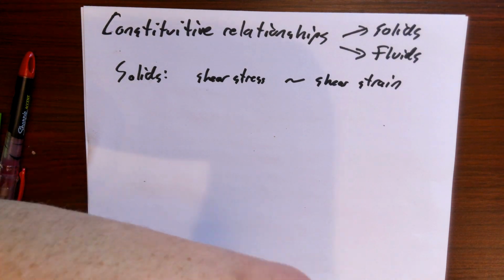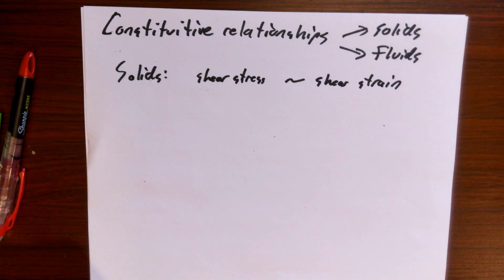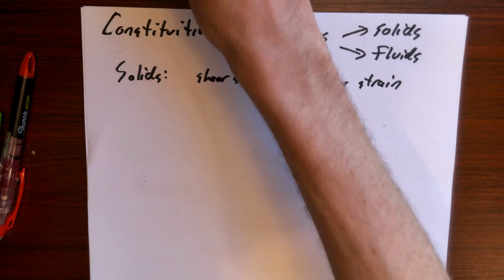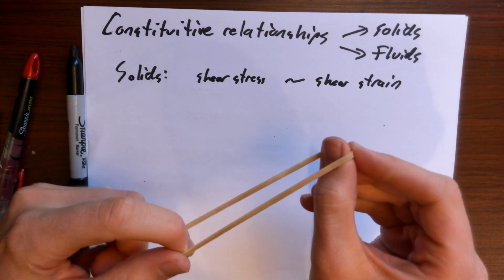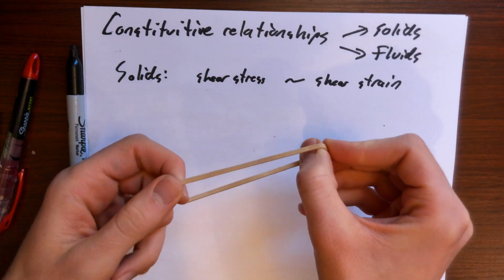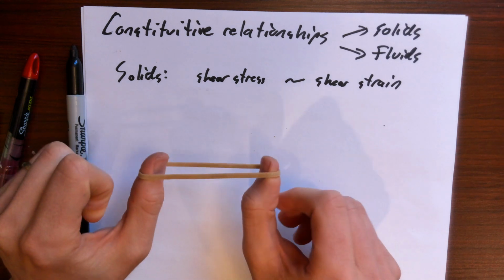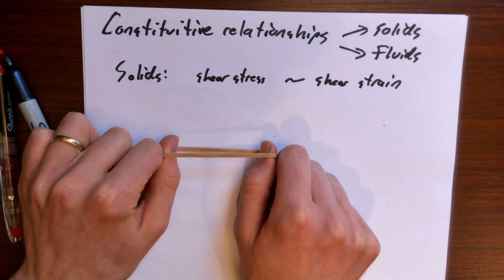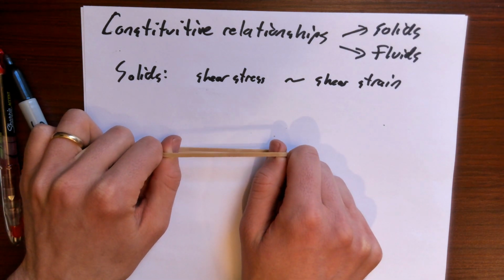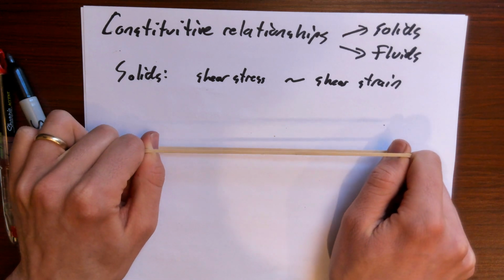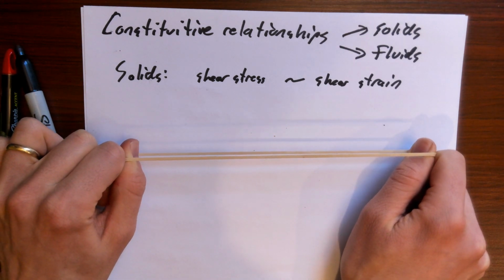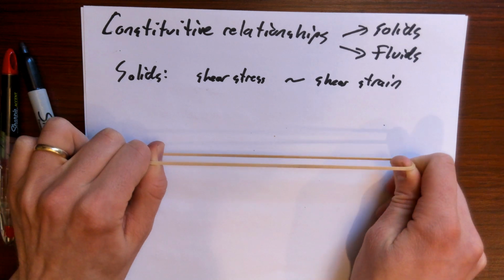And if we think about this for solids, this is maybe most apparent with normal stress and normal strain. If I have, let's say, a rubber band, and I apply some force, apply some stress to it, the more force I apply, the more strain I get, right? And then if I let go of that force, ouch!